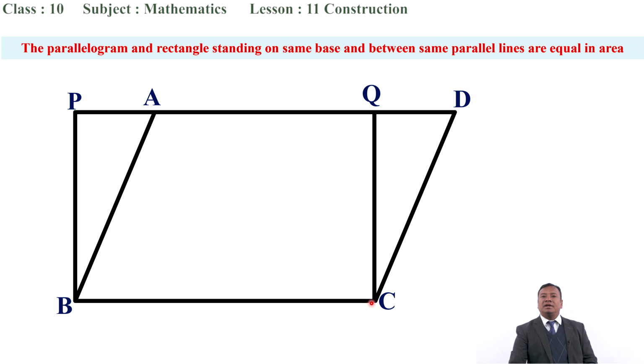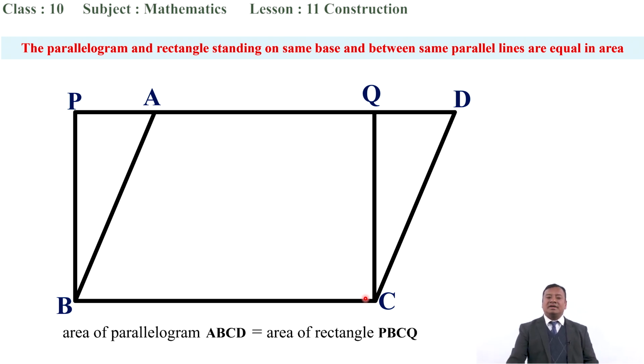In this case also we can say that they are equal. So the area of parallelogram ABCD is equal to the area of rectangle PBCQ, because rectangle PBCQ is also a type of parallelogram, so here also they are equal in area.